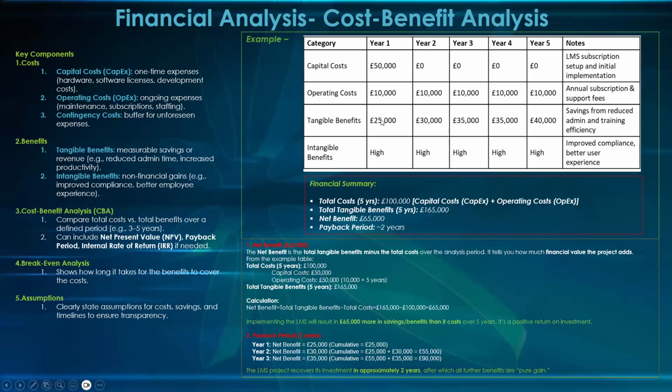You can see at year 1, you are making less, which is 25. If you now move to year 2, you've added another 30K. You have another tangible benefit of 30K in year 2, right?